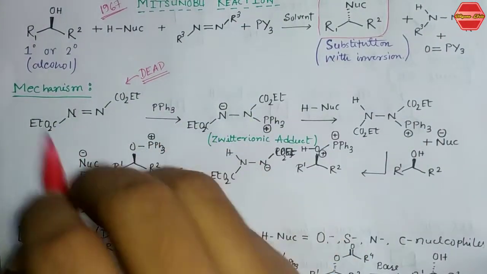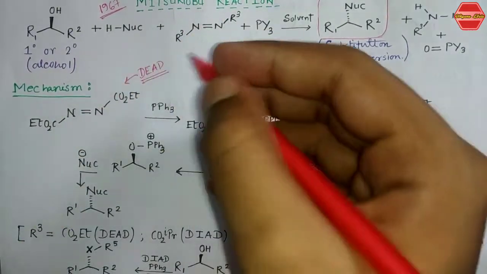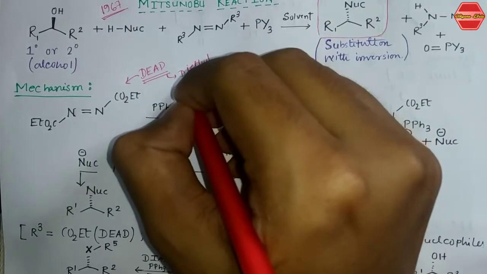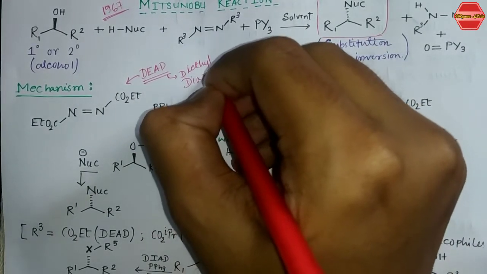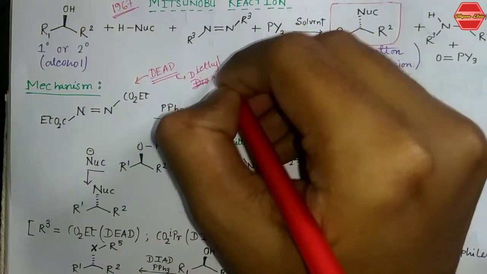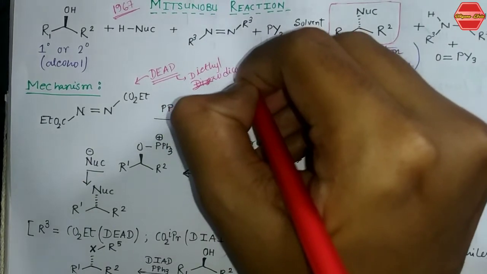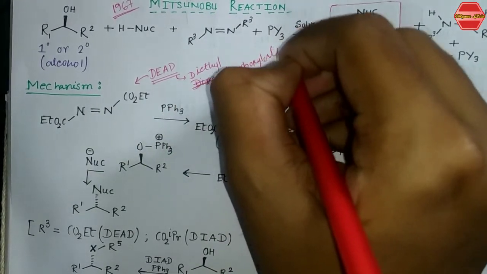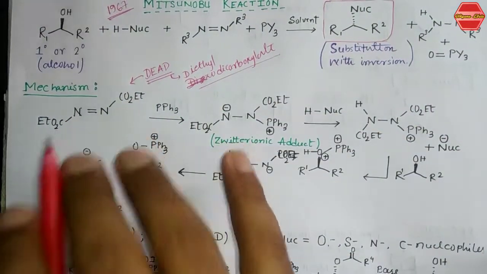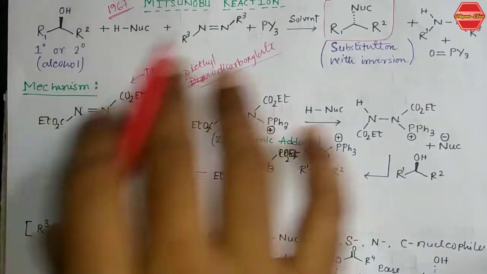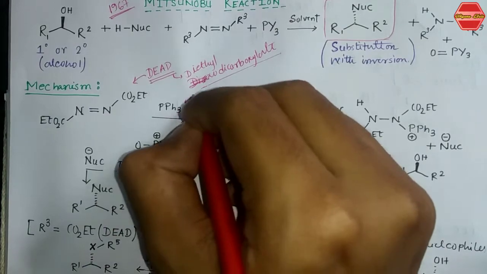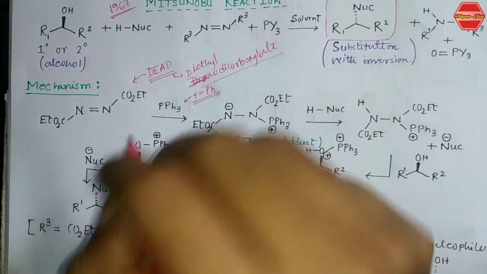DEAD is basically diethyl azodicarboxylate, and it is called DEAD. Now when we are using this DEAD with PY3, the Y here is phenyl, so this is your PPh3 group.